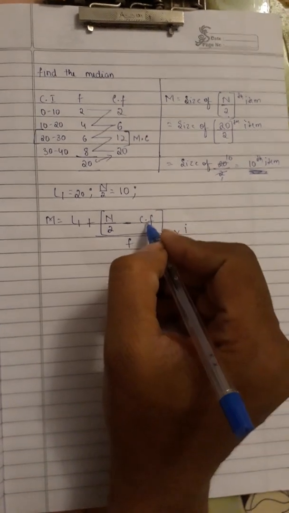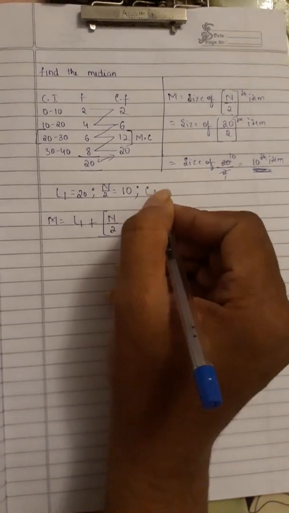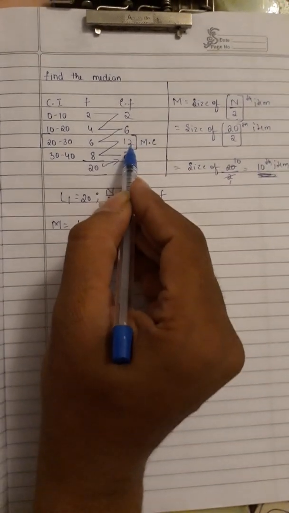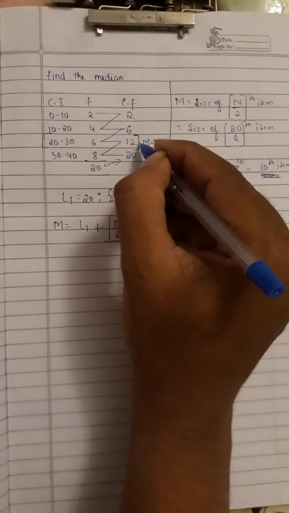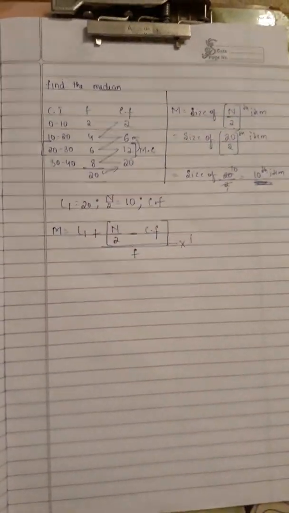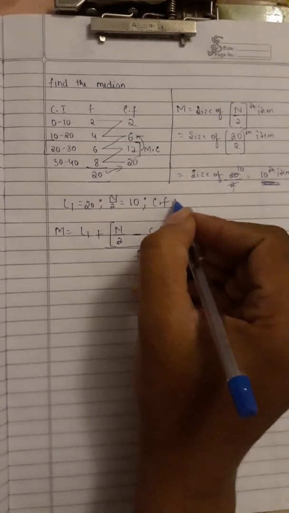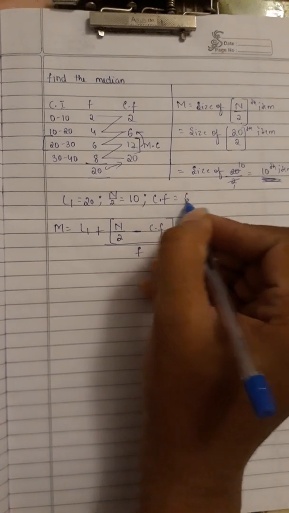Then the cumulative frequency: it is not the cumulative frequency of the median class, but of the previous class, so cumulative frequency is 6.